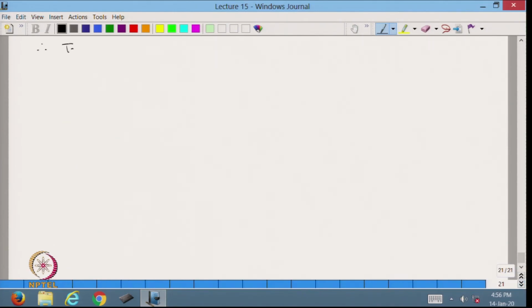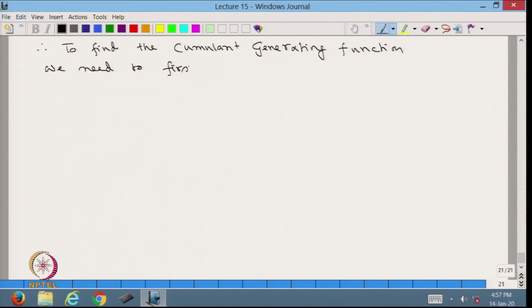Therefore, to find the cumulant generating function, we need to first understand what a cumulant is.